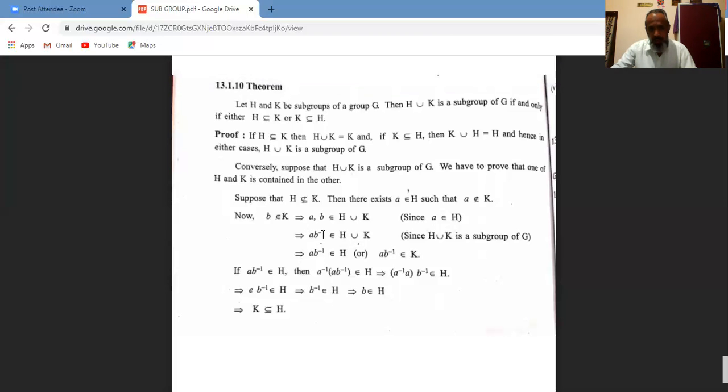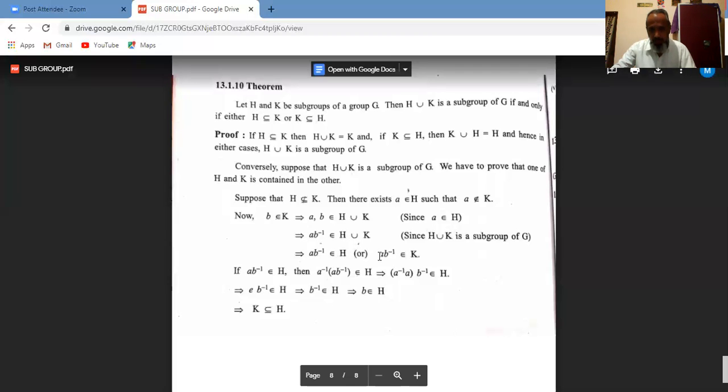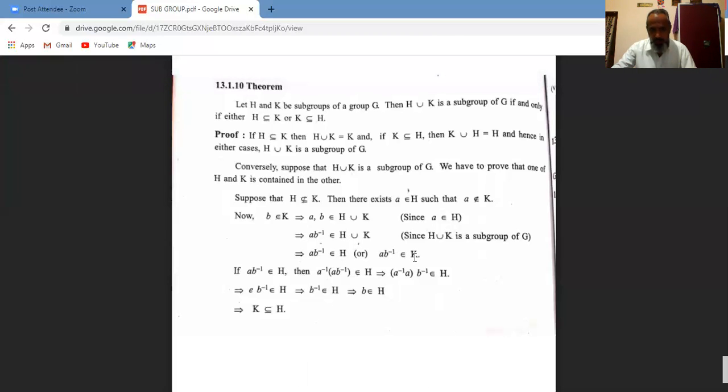So this element may be an element of H or it may be an element of K. In intersection, we write A into B inverse belongs to H and A into B inverse belongs to K, but it is not intersection, it is union. So this element either belongs to H or belongs to K.